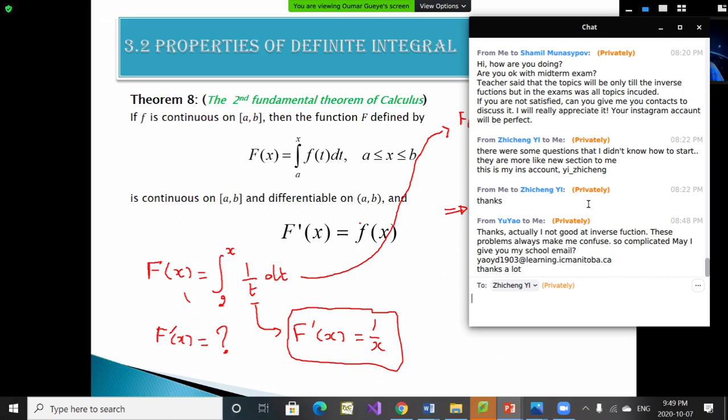So can you come back to the example before? Pardon? Can you come back to the example? To what? The example before. Which example? The example that I did before. Yes, yes, this?